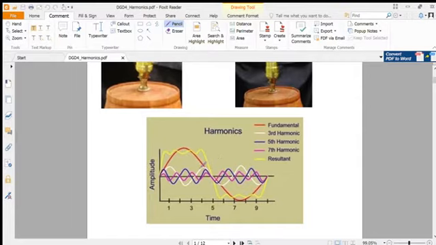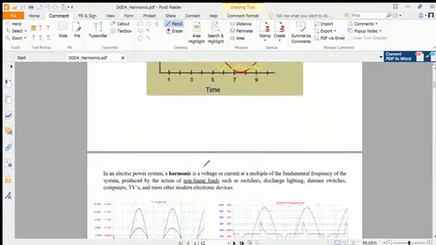We are supplying the red one, but what we get at the load end is the yellow one, so it's not our objective. So let's start with the definition.